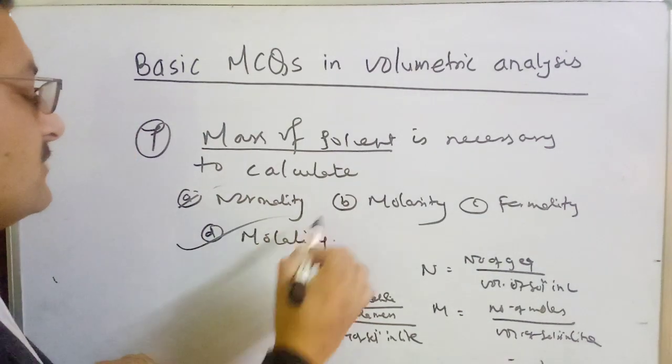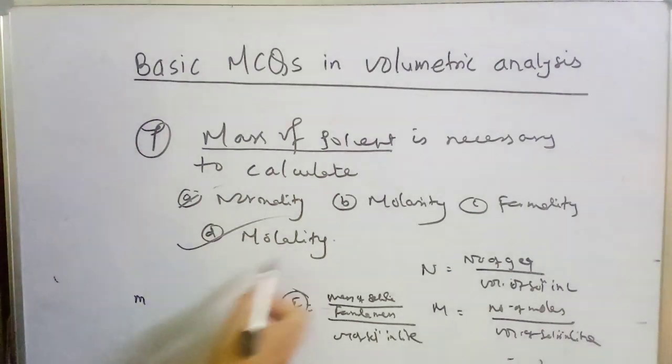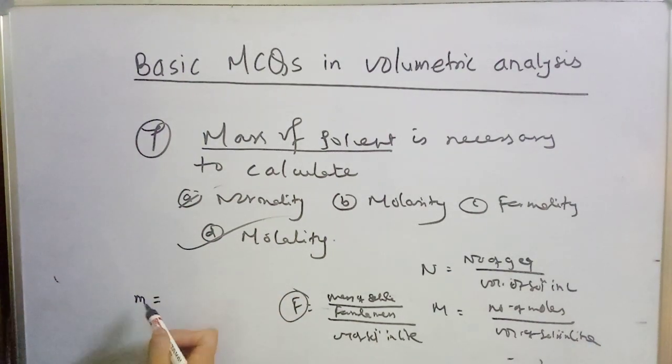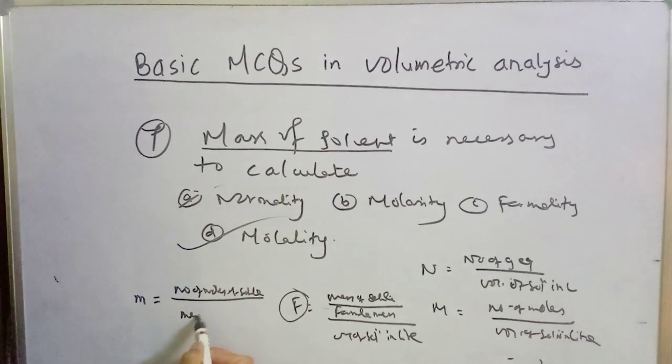Therefore, when we calculate molality, represented by small m, we are concerned with mass of solvent, because this is number of moles of solute divided by mass of solvent in kg.